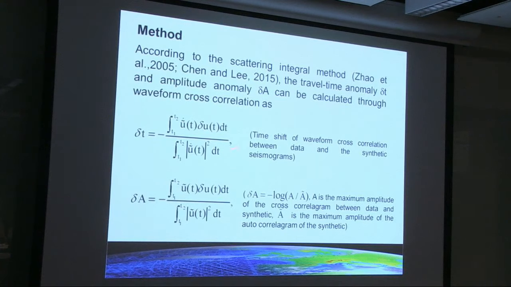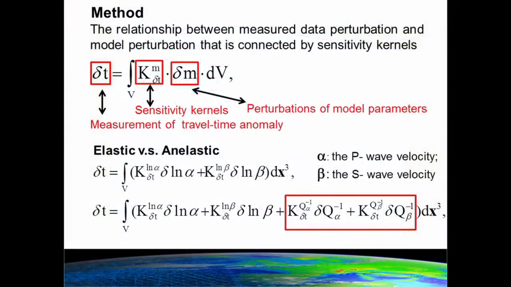So if we plug the formula of the displacement perturbation into the equation, we get the measurement of the travel time anomaly and the amplitude anomaly, related to the model perturbation through the sensitivity kernels.